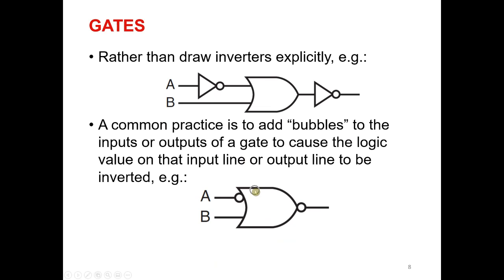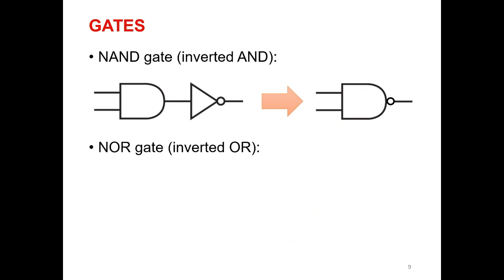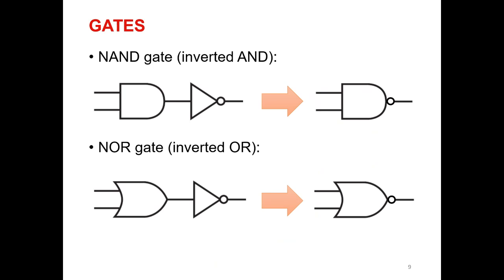It's just for doing it more clear. Similarly, if we want an AND gate inverted, instead of writing an AND gate and then the inverter, we can just have this symbol, and this is equivalent to the one on the left. In a similar way, we have the inverted OR, which will be the same. It's just adding the bubble there.